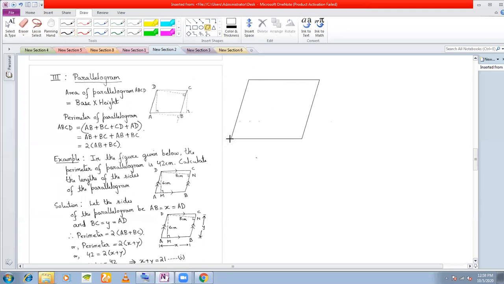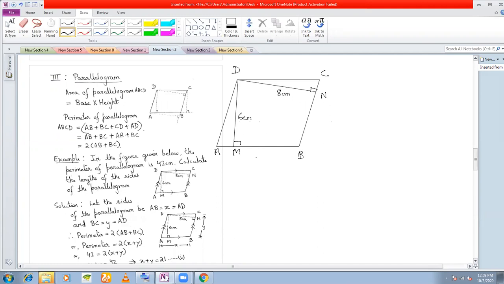Just draw the figure. So you have this height given to you, and you have this height also given to you. This is M. This is your 8 centimeter.